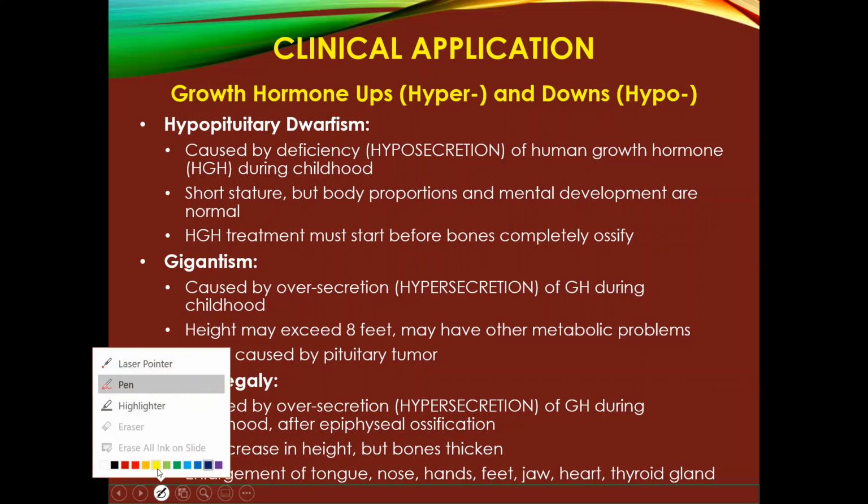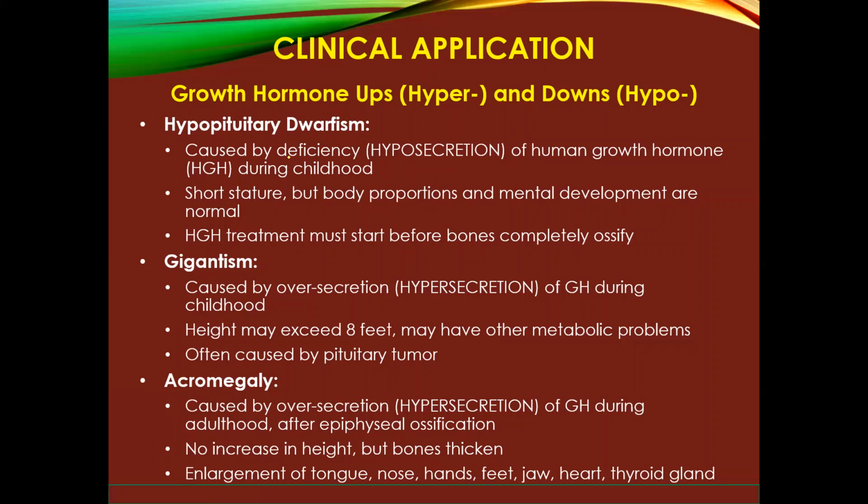For example, if the production of growth hormones from the anterior pituitary gland is too little or less than normal, so hypo means lower than normal, then the effect will be the individual will have short body stature.